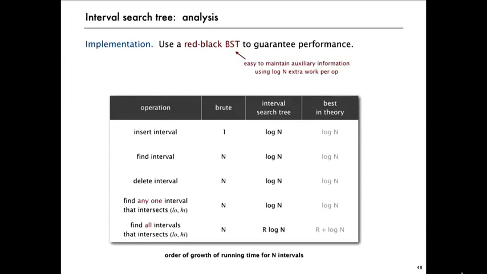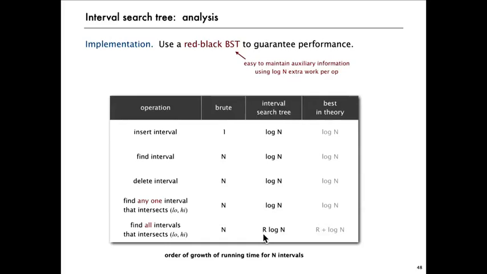And the other thing we can do with this is just use a red-black BST to guarantee that we solve this in time proportional to log n. So insert, find, delete, and find any interval that intersects all take time guaranteed proportional to log n. And if we want to find all intervals, we just have to run the algorithm for each interval until we come up against no intersection.